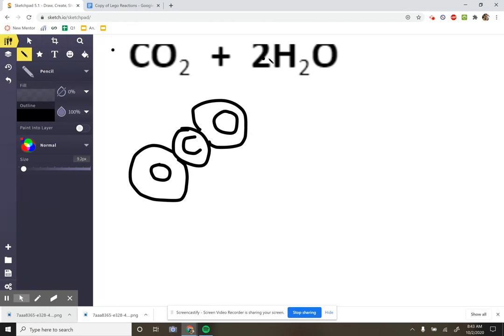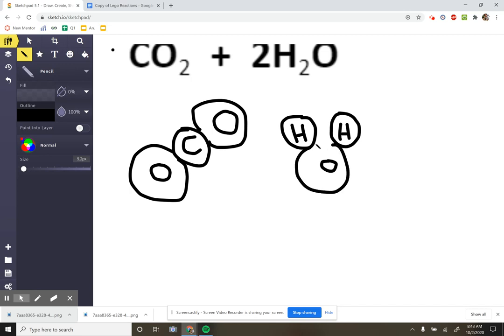And I'm going to make 2 H2O molecules. So each of those is going to have 2 H's, because H2 means 2 H's. And I call this the Mickey Mouse molecule. And you don't have to remember the shape, but it does have this funny shape, okay?